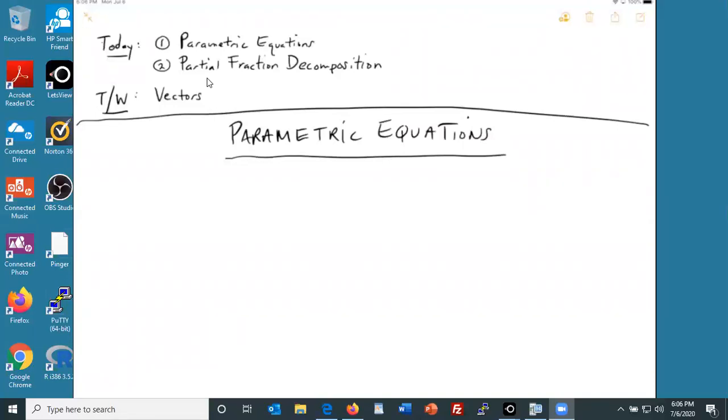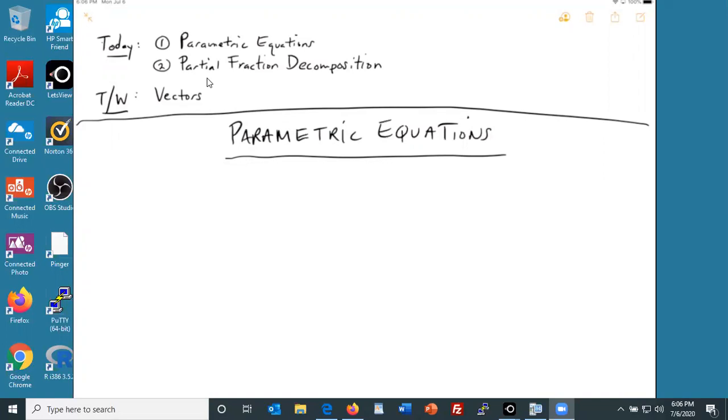Metric means to measure, okay? And if we look at the first 2/3 of the word, you could write the word parameter from that word parametric. So parametric means parameter, which is really just something special that we measure. It's a special measurement, which in this case will be a variable.